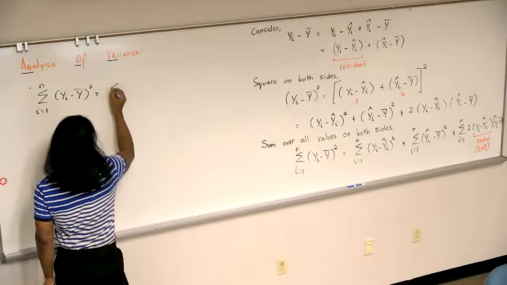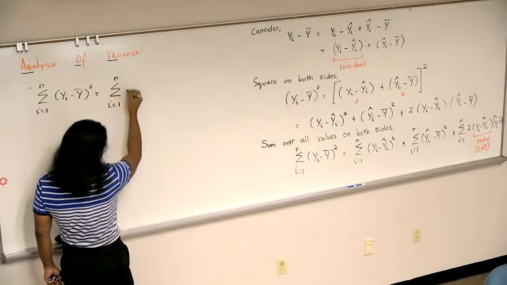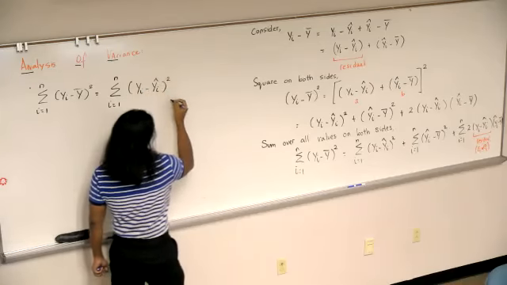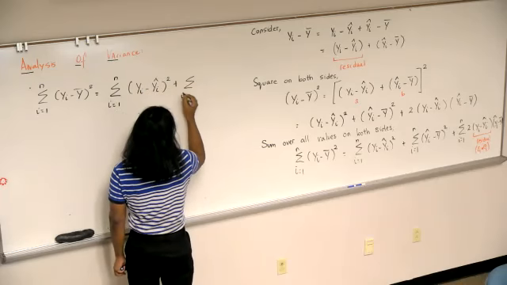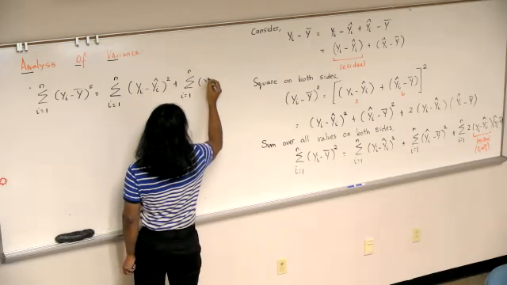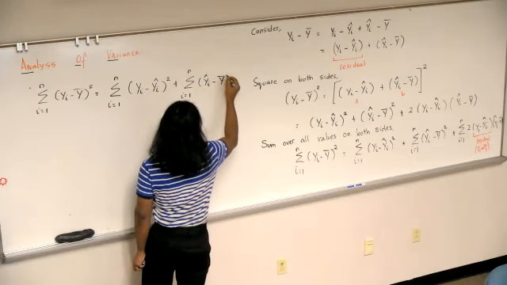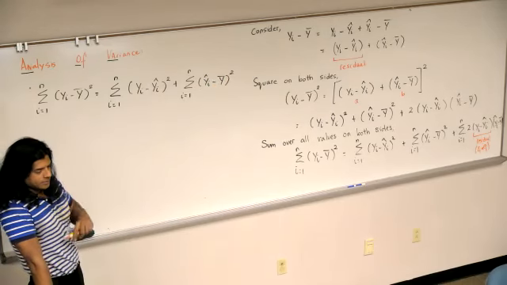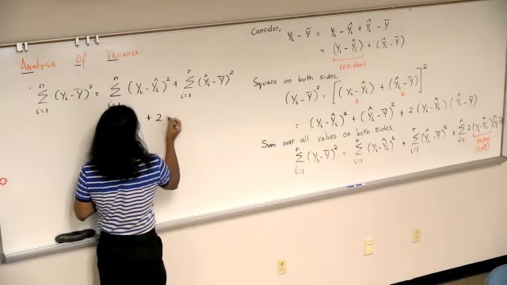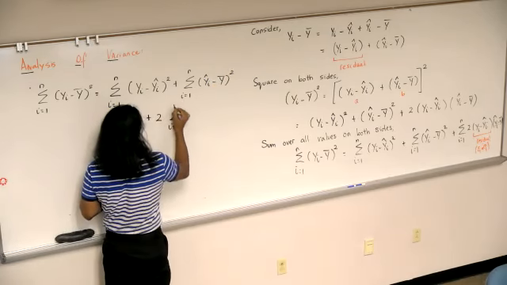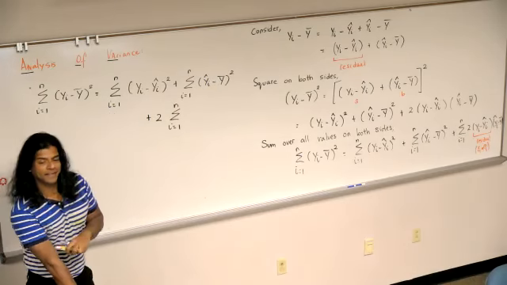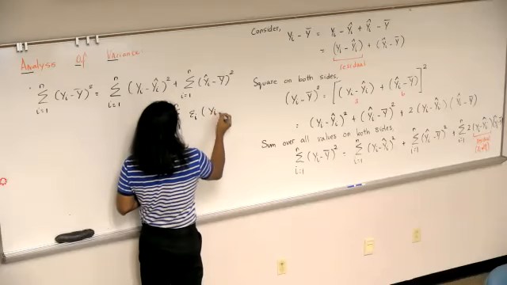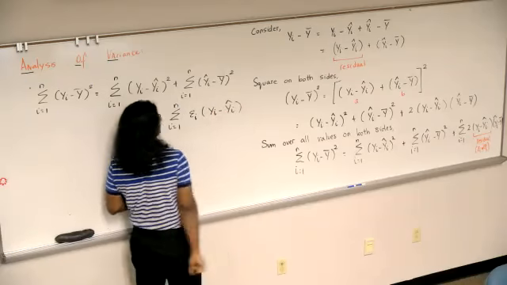Going to leave the first term as is. The second as is. We'll get to that in a bit. The last sum, I will take the 2R and I like epsilon I, so I'll put it as epsilon I times yi minus yi hat.